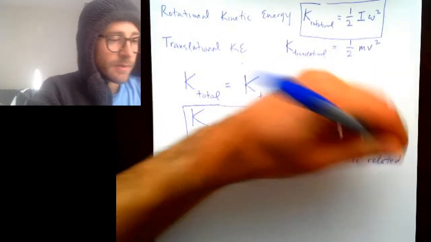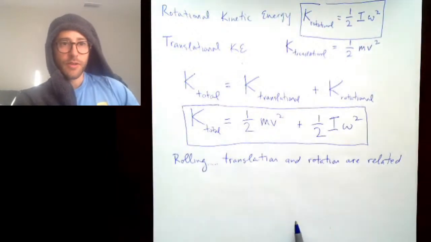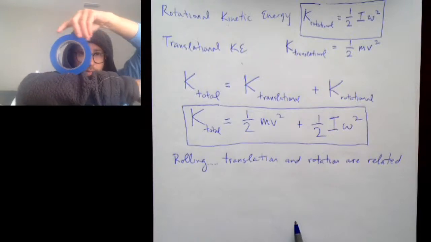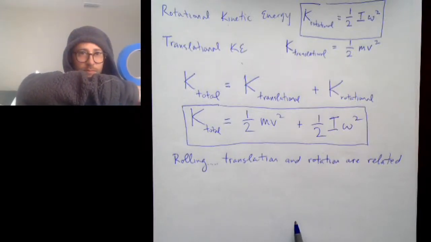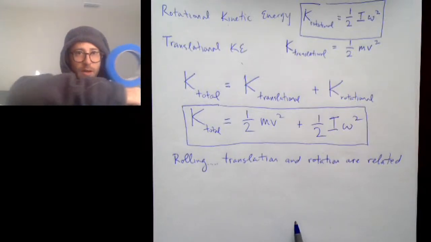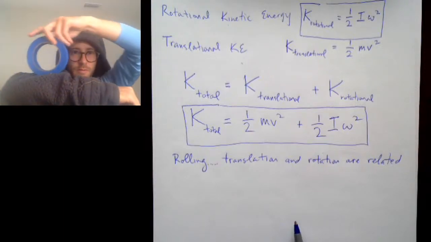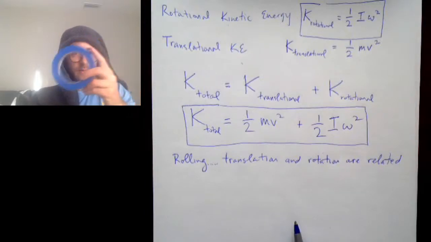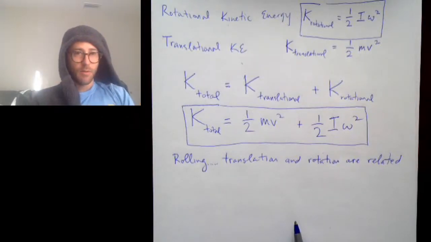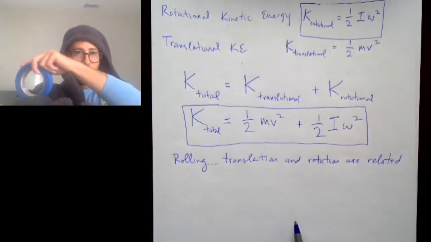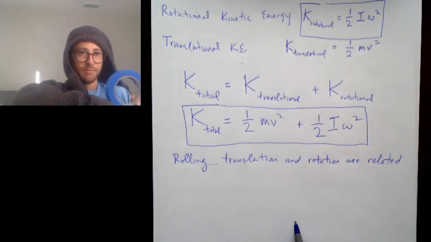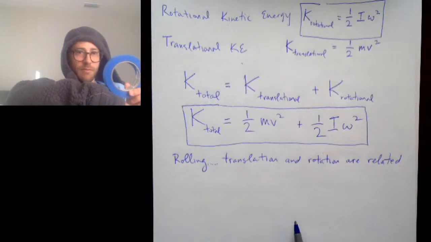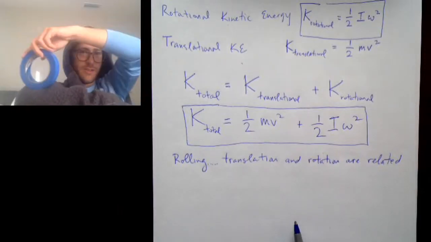Because think about it. If you do one full rotation, then that means that the wheel moved forward by a certain amount. Okay, the rotations are related to how far you move.